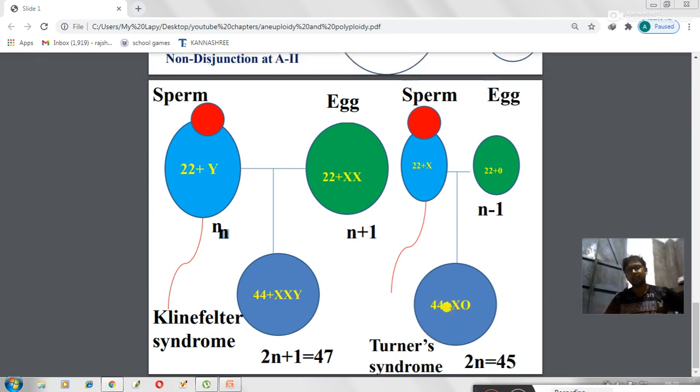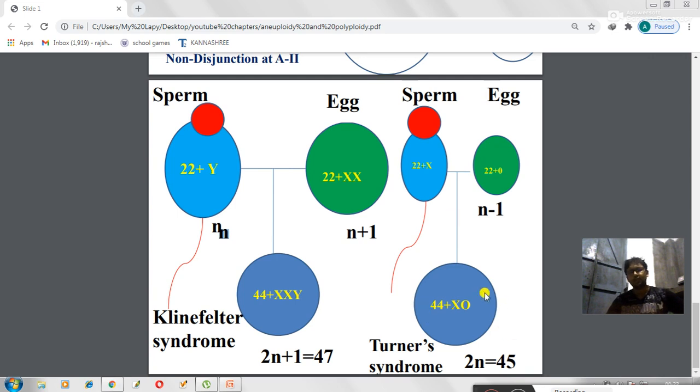In case of Turner syndrome, the chromosome number is reduced to 45 instead of 46 due to chromosomal non-disjunction during meiosis, and one gamete, especially a female gamete, or a male gamete may also be possible, whatever it may be, there is unequal distribution of these sex chromosomes.